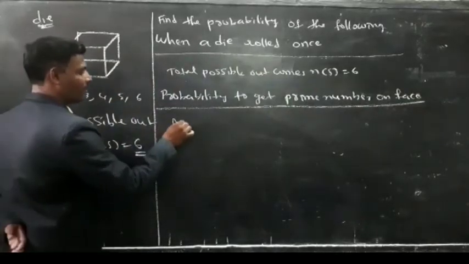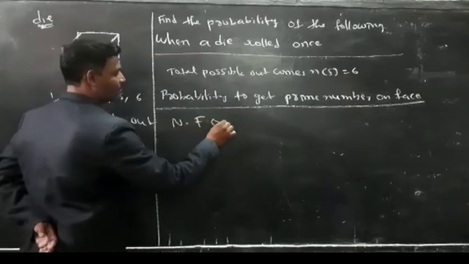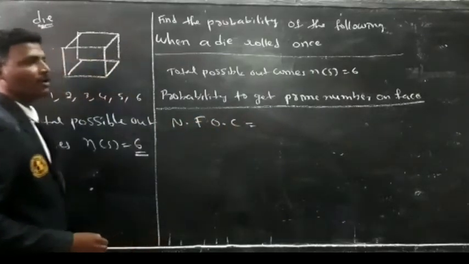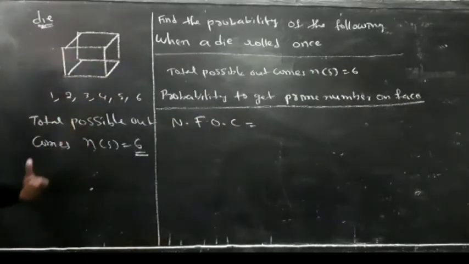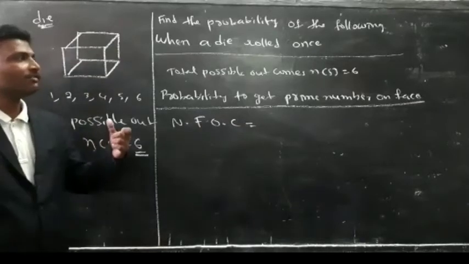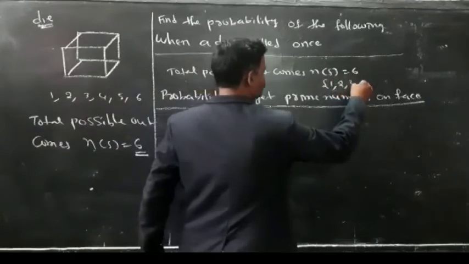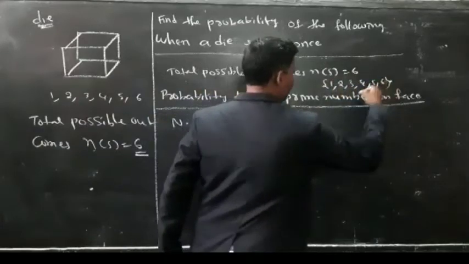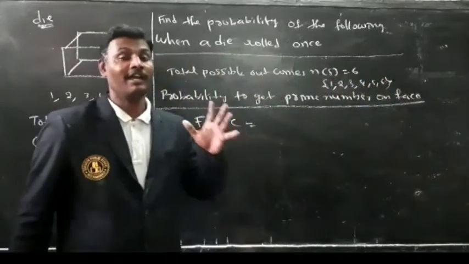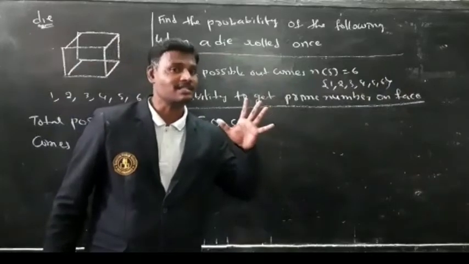Here, number of favorable outcomes. When a die is rolled once, we have 6 chances. What are they? 1, 2, 3, 4, 5 and 6. When one die is rolled, there are 6 chances.